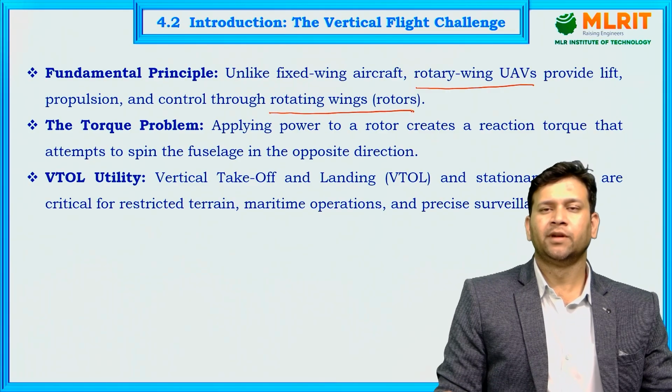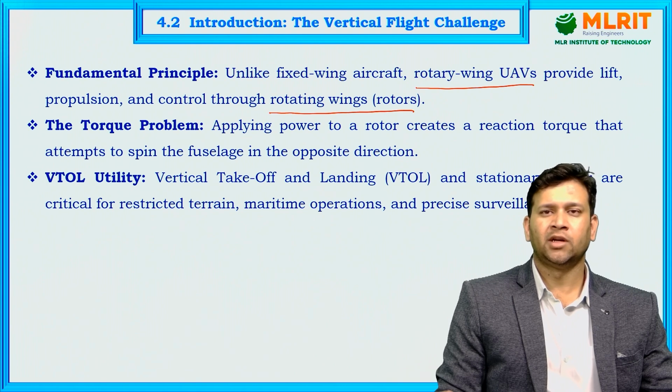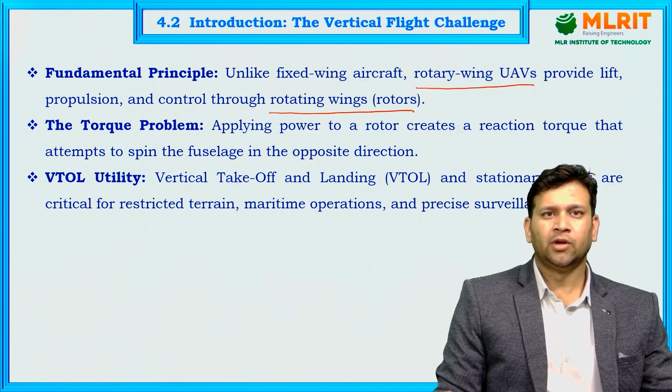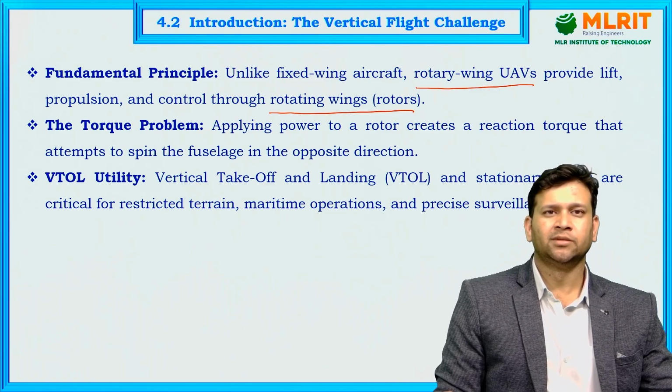These rotating wings are nothing but the blades, which are placed on the top using a swash plate configuration, and there is a vertical mast on which the blades are fixed. One of the major challenges with this rotary wing aircraft is that the blades rotate in a clockwise or anti-clockwise direction.